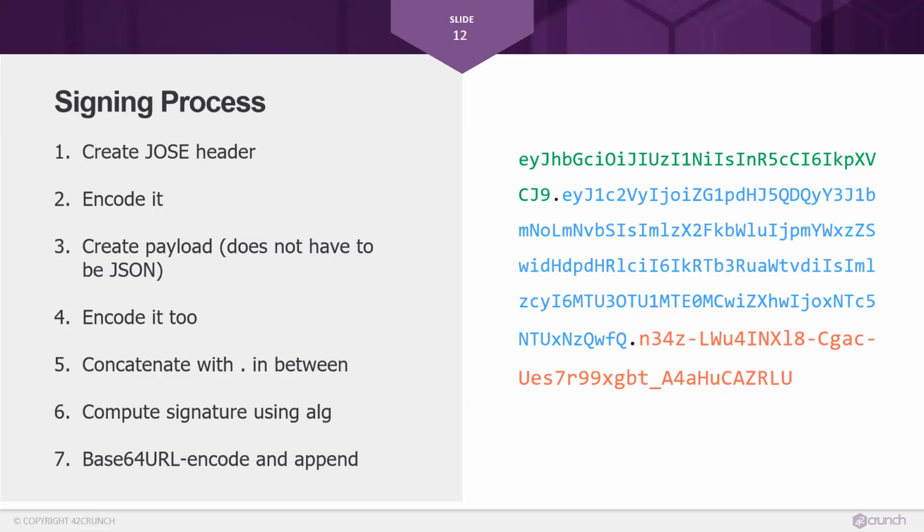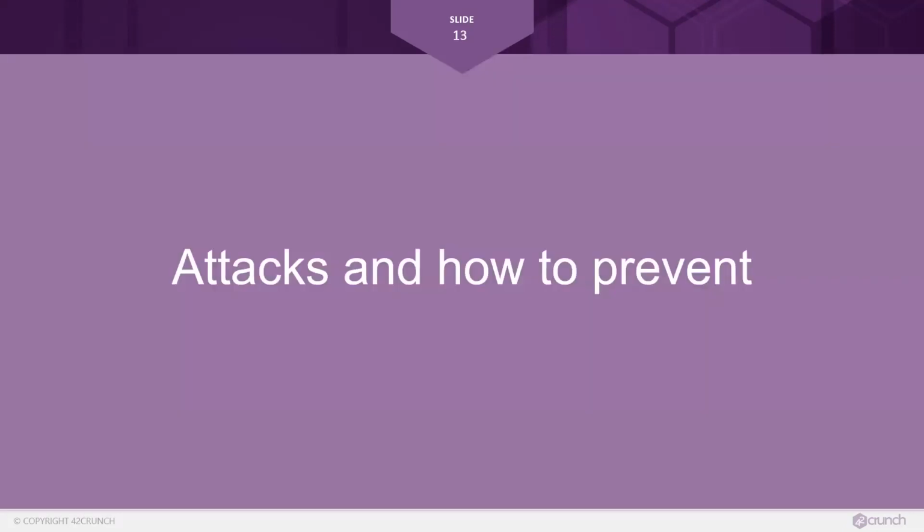You join all this with dots, and then you sign that, meaning that you take a hash of it, and then you encrypt it with your symmetric key or asymmetric key, and this gives you a signature. You base64 encode the signature, and then you append it to the rest, and that's it. You're done with your JWT signing process.